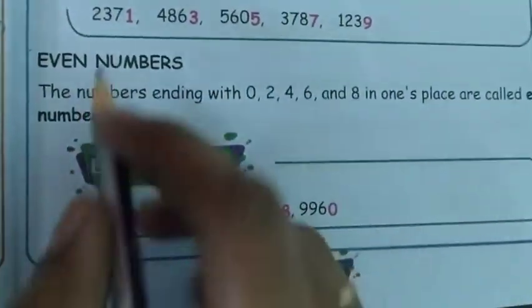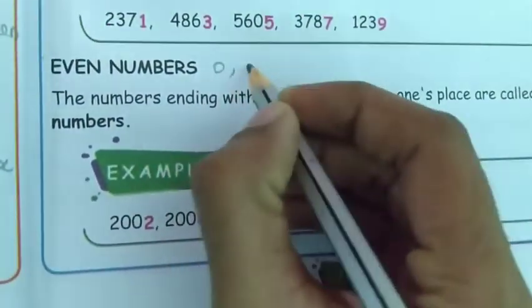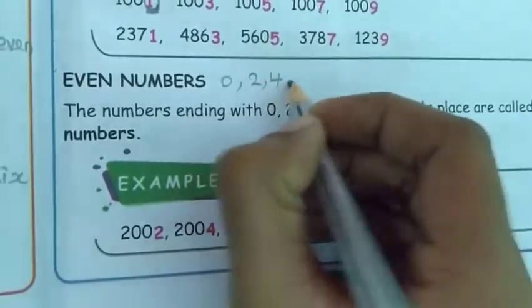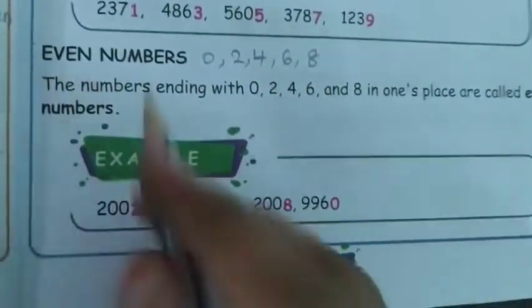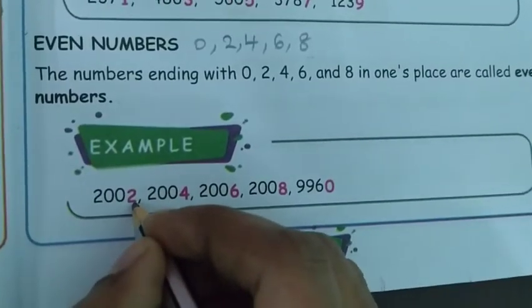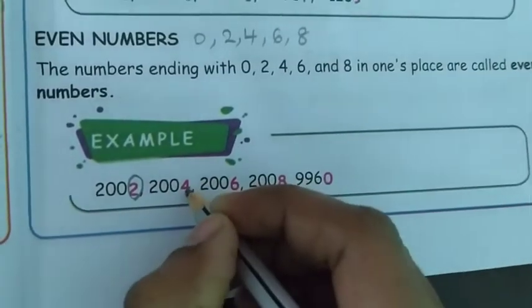Same like that, even numbers. What are the even numbers? 0, 2, 4, 6, 8. Same like that, we look at the digit in the ones place, that means the last digit.